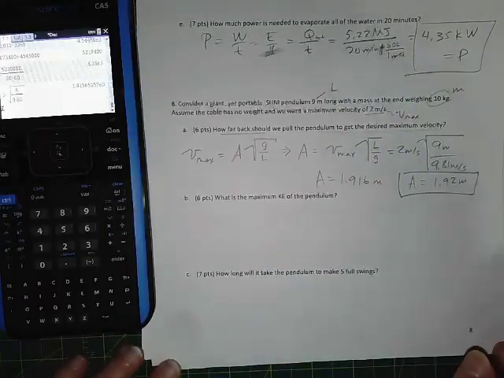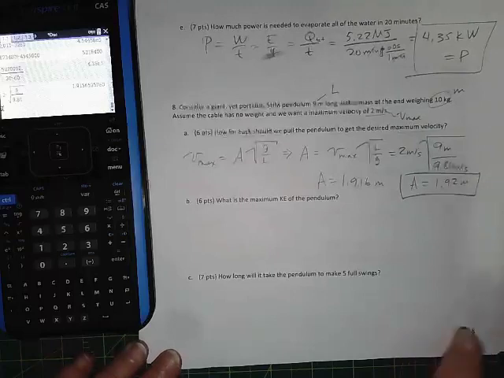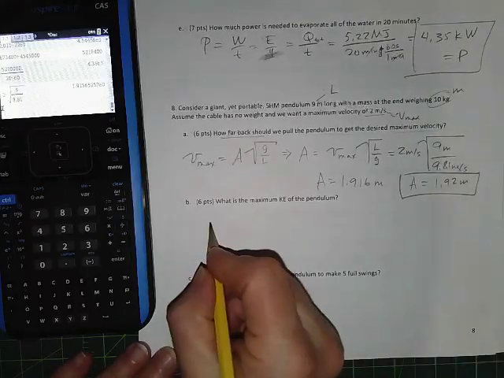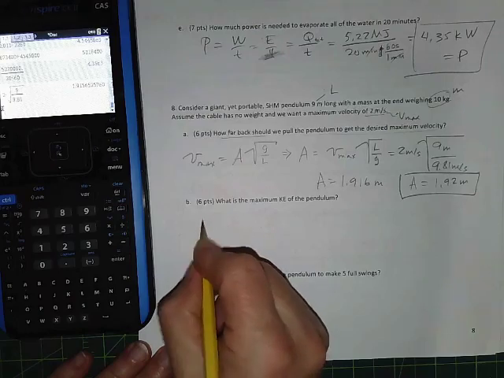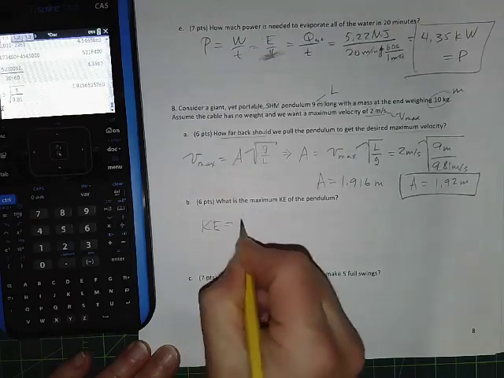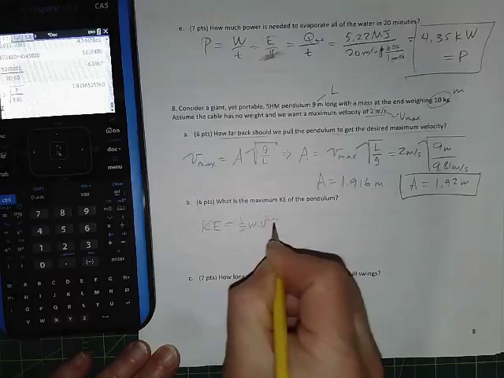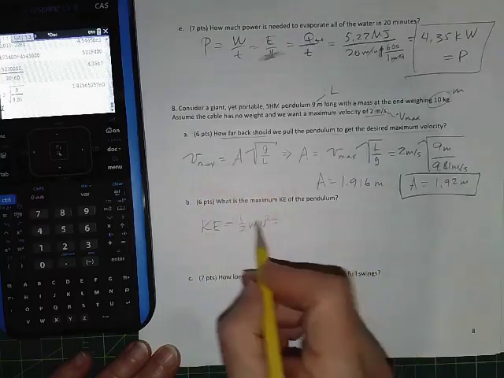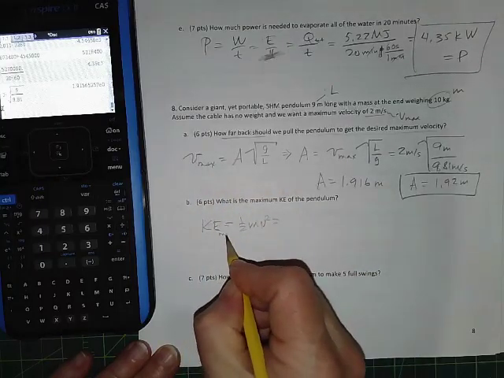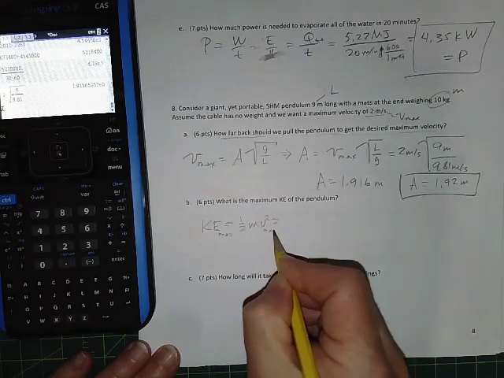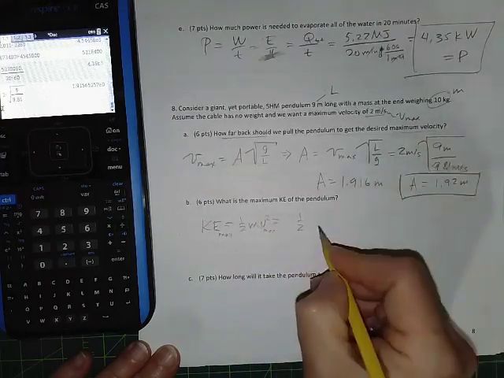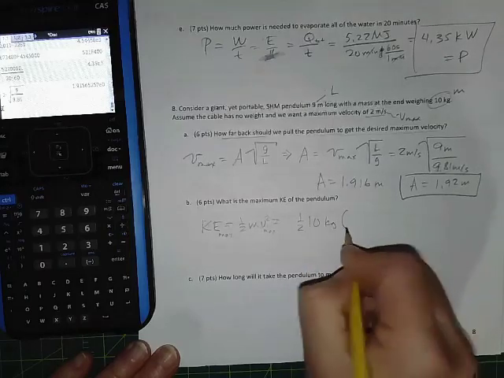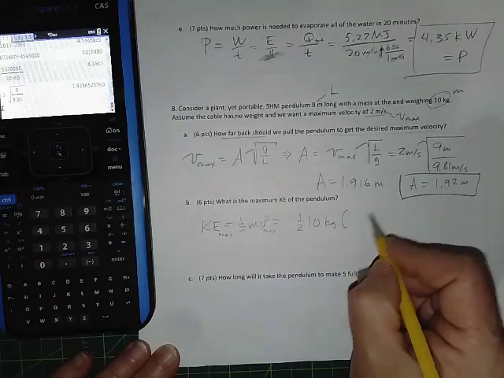What is the maximum kinetic energy of the pendulum? So kinetic energy, we'll just do KE 1/2 mv squared, and we want the maximum, so we do maximum velocity, which we just found, and so 1/2 m is 10 kilograms, and v, oh no, we didn't find v, we were given v.